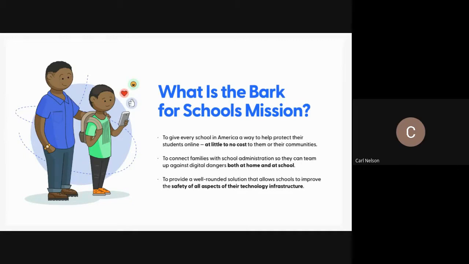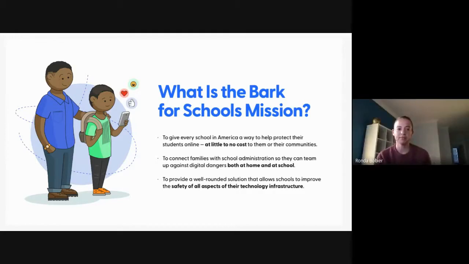So what is Bark for Schools' mission? Really, we want to give every school in America a way to help protect their students online, and we offer that at little to no cost. It was really a big thing for our CEO. Bark for Schools came about after the Marjory Stoneman Douglas shooting here in Florida.